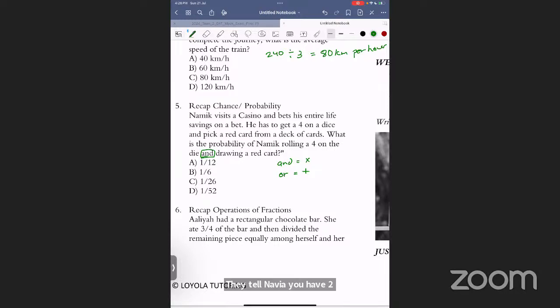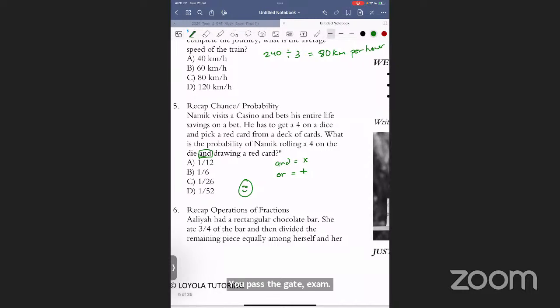Option A is that you have to pass the gate exam and Melvin has to shave his hair, right? So he'll look like an egg. Option B, you pass the gate exam or Melvin has to shave his hair, right? So Navya, Nerva, which option sounds better?